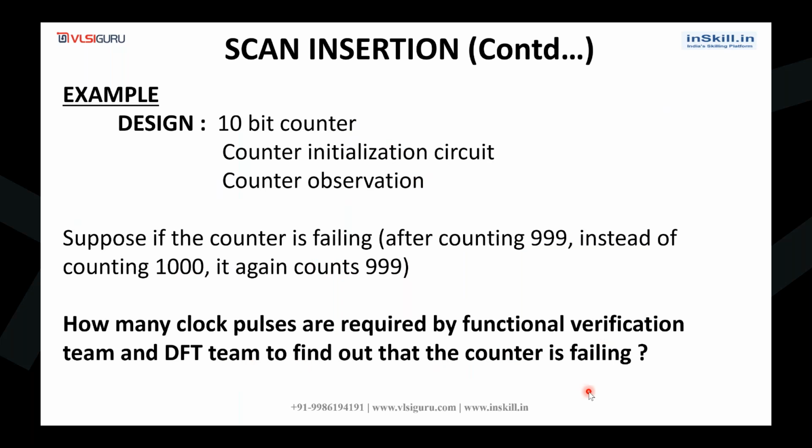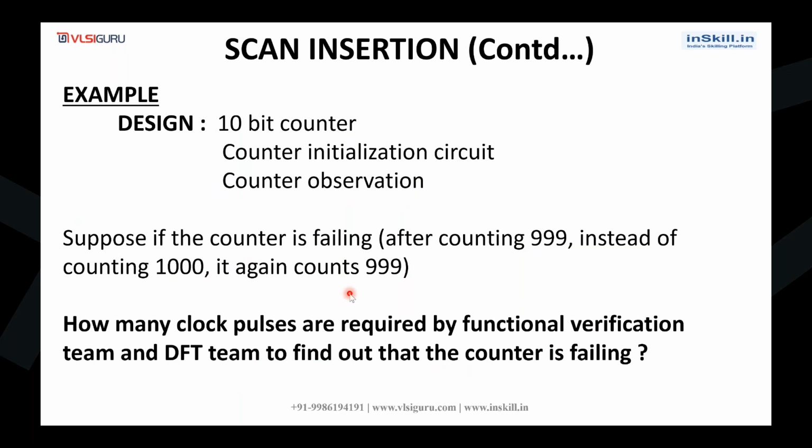Let's try to understand. We are just trying to understand the need of scan insertion by taking a small design with a 10-bit counter, a counter initialization circuit and a counter observation circuit. The counter is failing: after counting 999, instead of counting 1000, it is again counting 999.